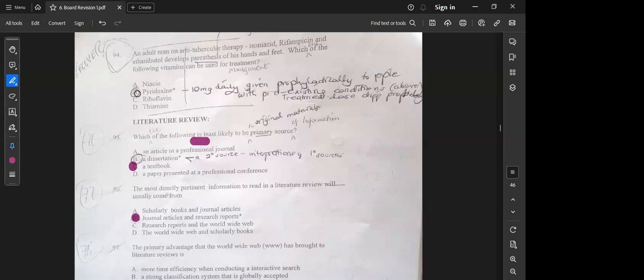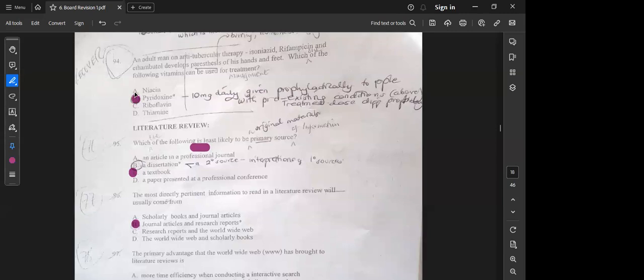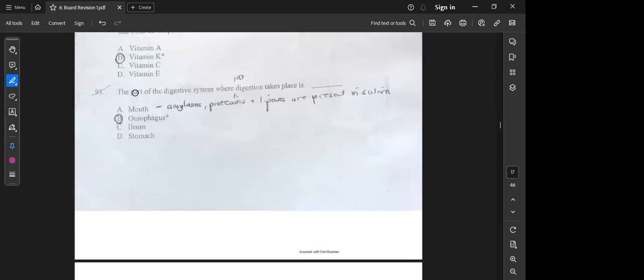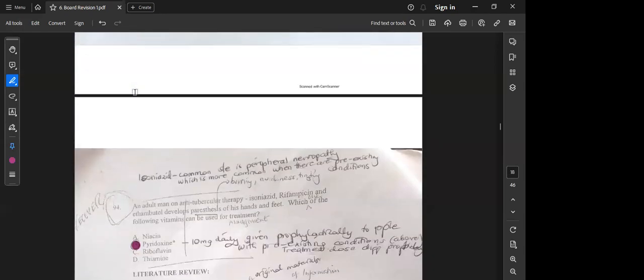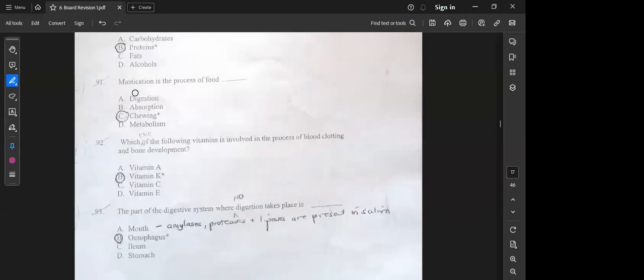Pyridoxine is vitamin B6. We can move on, unless anyone has a dispute.